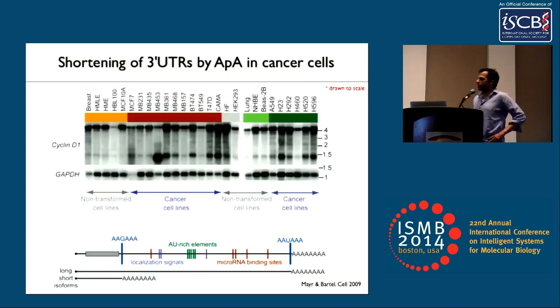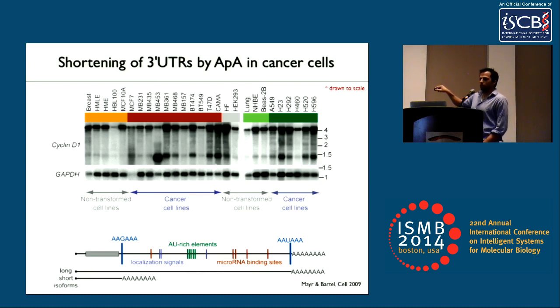So our interest in this project and a lot of other labs' interests as well may be summarized in this figure from Christine Meyer's paper in 2009. And what I'm showing you here is a northern blot of cyclin D1 in a large panel of cell lines. These are breast, these are lung.